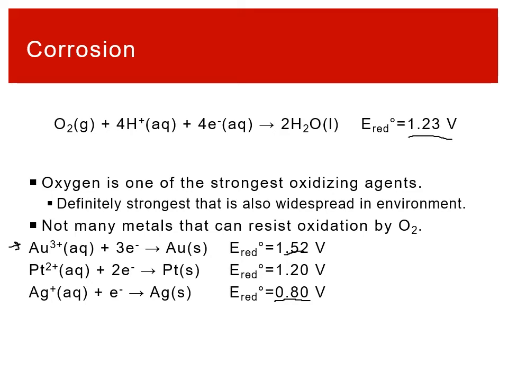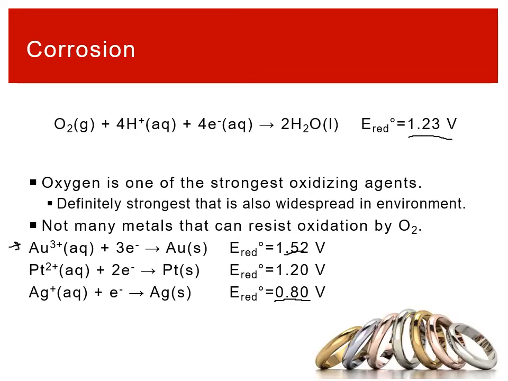But we can still see that these are all very positive values, and these are metals that we normally associate with jewelry: gold, platinum, and silver. Because of that longevity, that resistance to oxidation, if you wear jewelry all the time, it's going to be exposed to oxygen in the air, it's going to be exposed to water, and it'll have a much longer lifetime if it's one of these metals. It won't corrode, the metal won't degrade.